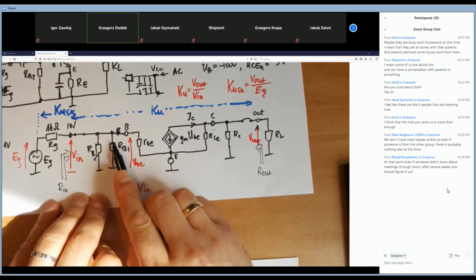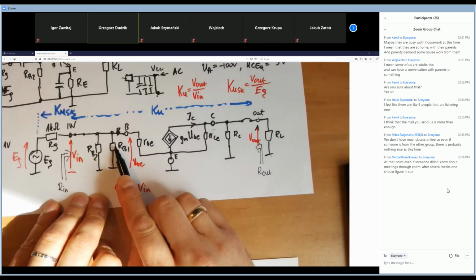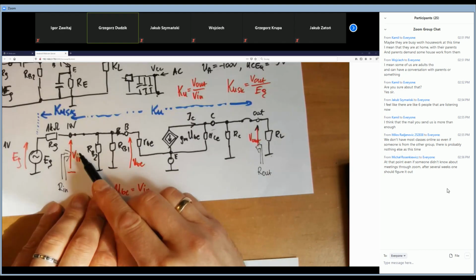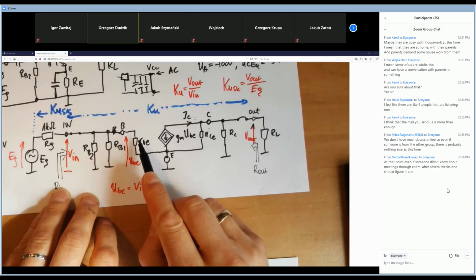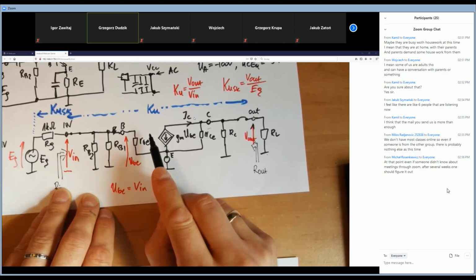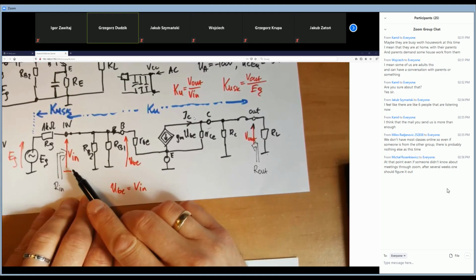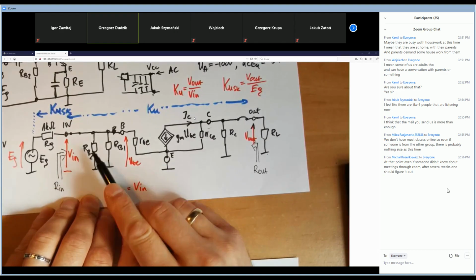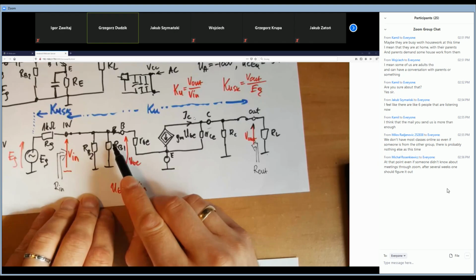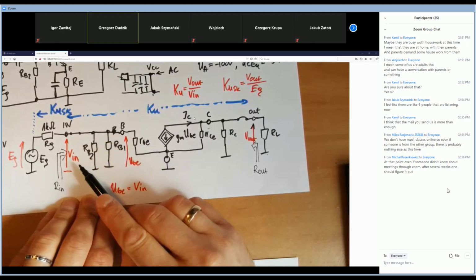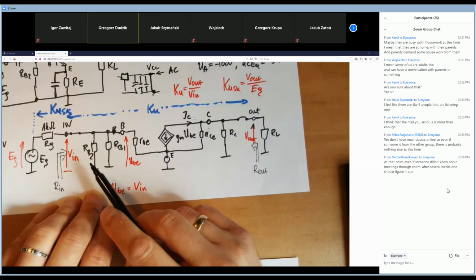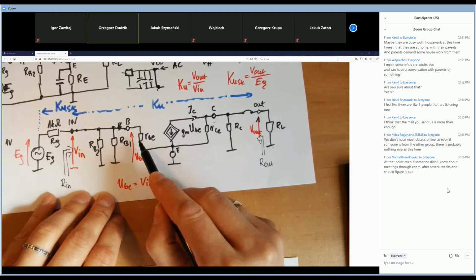Even if the RB2 and RB1 are so huge, megohms, the input resistance will be almost equal to 21 kilohms. So RBE determines the input resistance, as you see. The RB2 and RB1 decrease this input resistance.